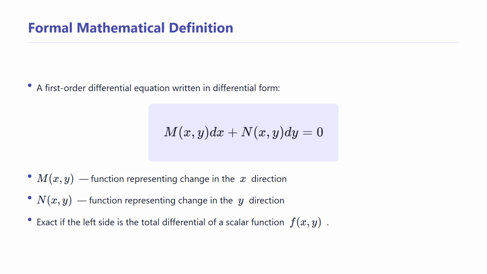This equation is exact if the left side is the exact total differential of some hidden scalar function, f of x and y. If it is exact, solving it simply means finding that hidden function and setting it equal to a constant. This constant represents a specific state of the system, much like a specific altitude line on our mountain. When one variable increases, the other must adjust to keep the total change at 0.